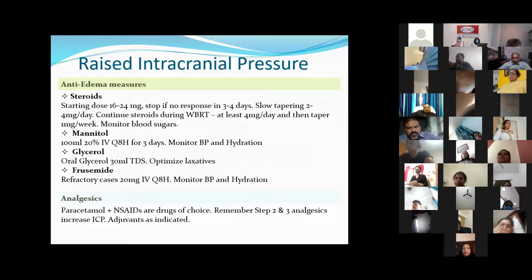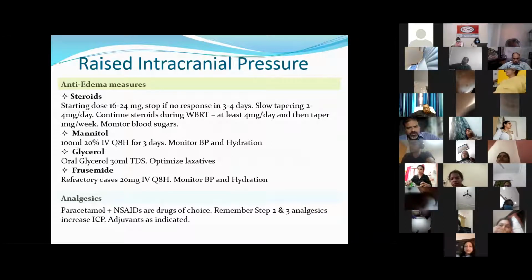In this case, your dose of steroid is quite high compared to metastatic spinal cord compression, because the need of steroid for penetrating the blood-brain barrier will be quite high. So 16 to 24 milligrams, again, it should be IV and per oral both. But if the patient's general condition is poor, you can start directly with IV.